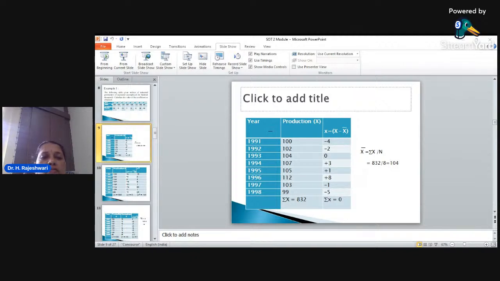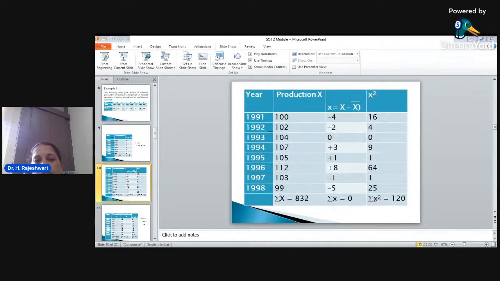See, in the first step, I took the x value, calculated the mean value for it, and deducted every item from the mean. Then we get sigma x. Similarly, in the next step, I calculated the x square value.